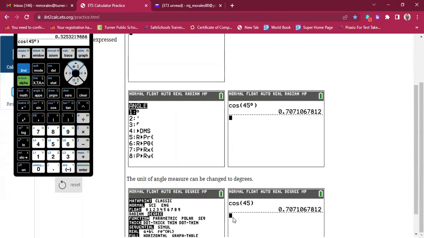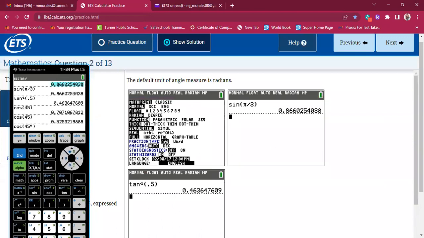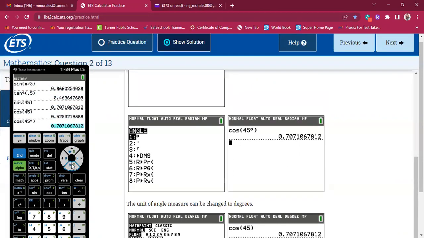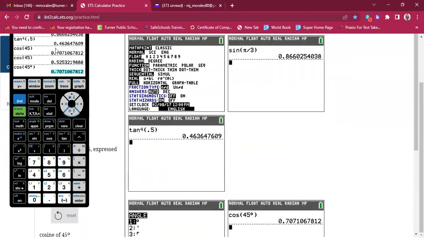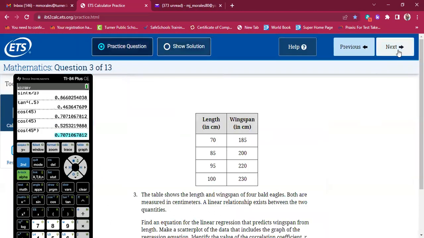And then for cosine 45, we have 0.7. So we got the right answer with that one. The last one is not the right one because this one is in radian, not in degree. Okay, so that's it. Let's have the next example.